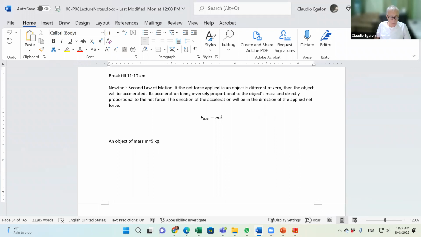What is its acceleration, magnitude and direction?